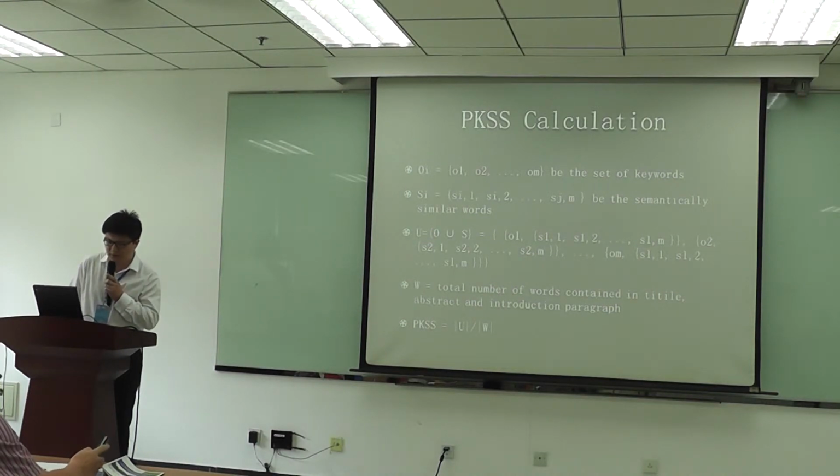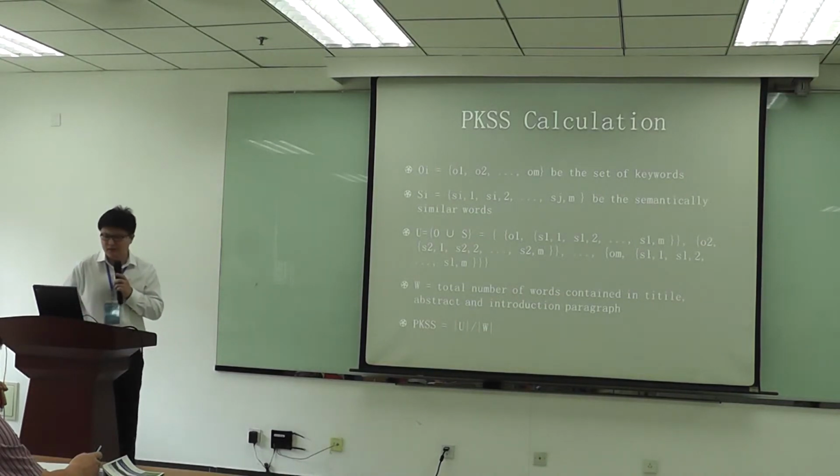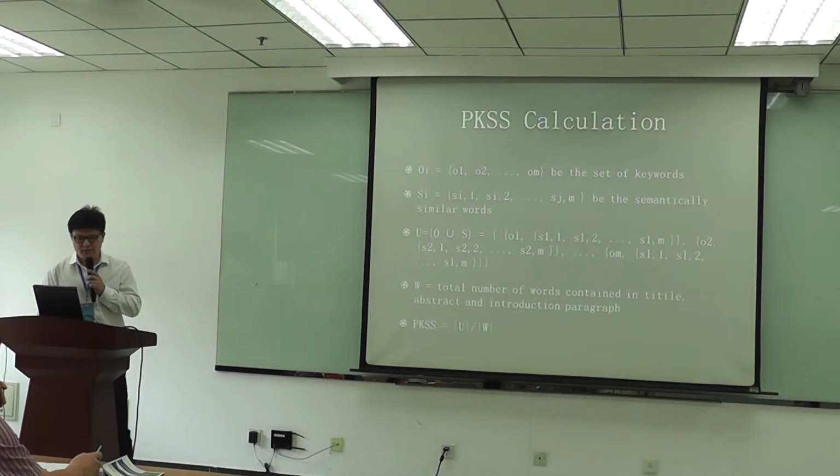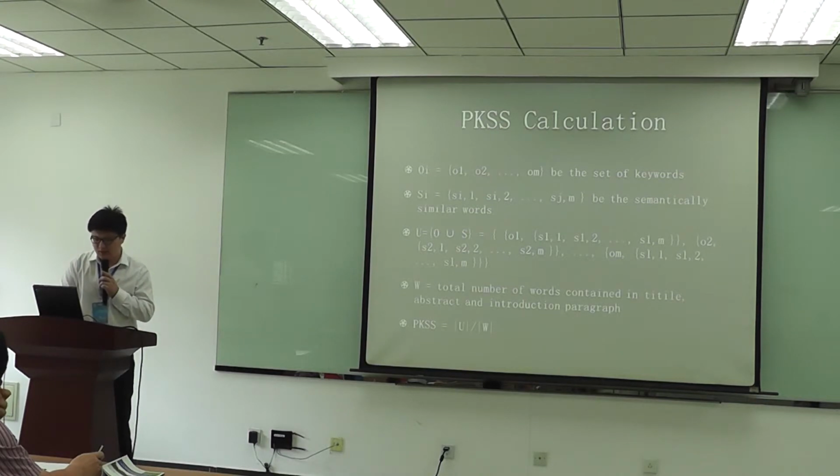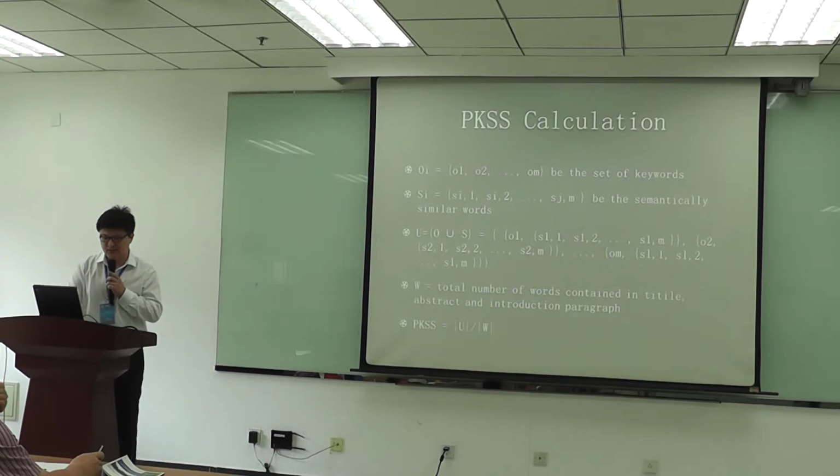The upper letter W denotes all the words included in the title, abstract, and introduction paragraph. When the text is very small, like say an email, where I probably only have one or two paragraphs, then all of the text in that file is included.